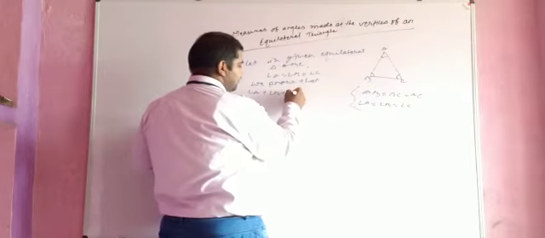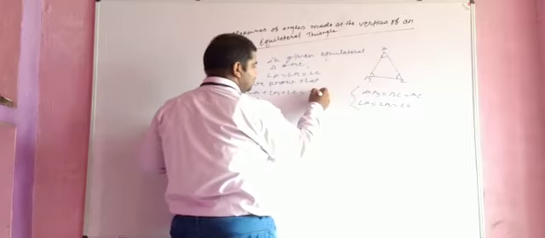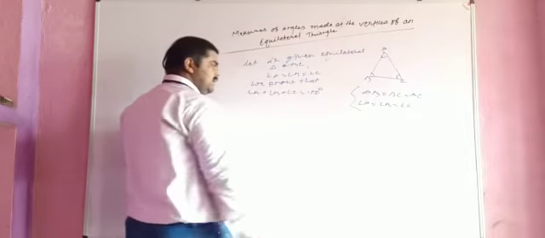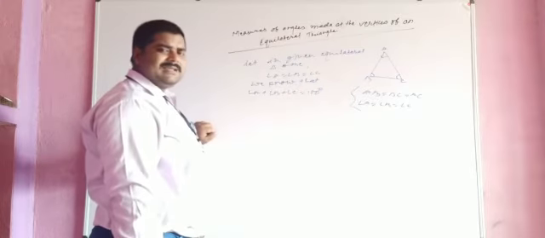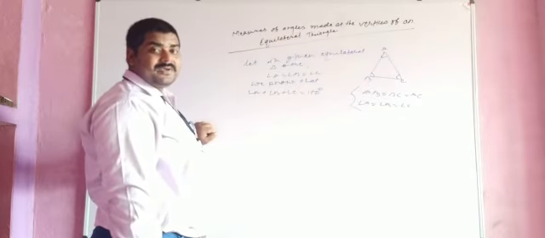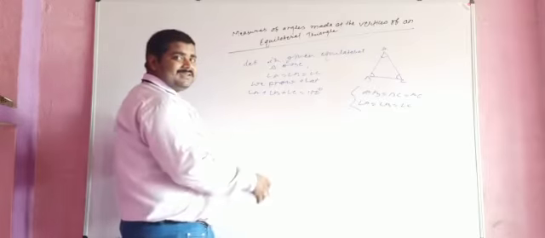A plus B plus C is equal to 180 degree, because you know very well that the sum of all angles in case of a triangle is equal to 180 degree.